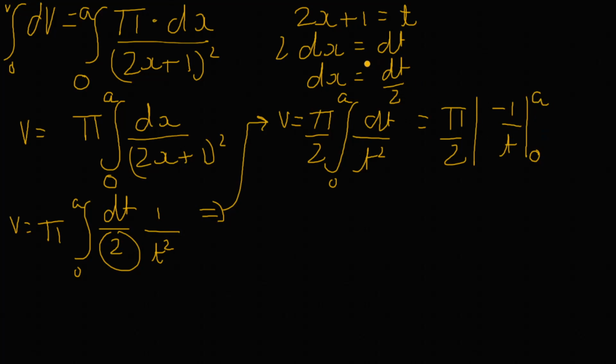Now let us put the value of t back. So this is equal to pi by 2 times minus 1 by (2x plus 1), and the limits are 0 to a. Now let us plug in the limits. I'll do it on the next page. Pi by 2 times minus 1 by (2x plus 1) from 0 to a.